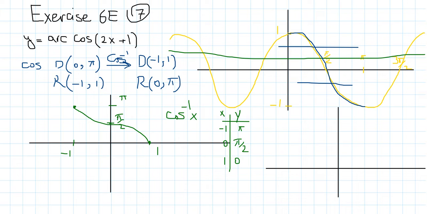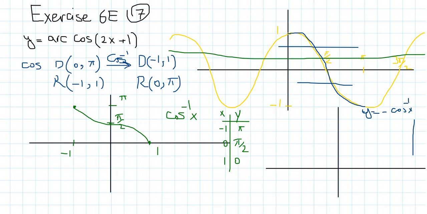Yes, in range I have the change. Why? I have y equals minus cosine inverse of x, drawn in blue.